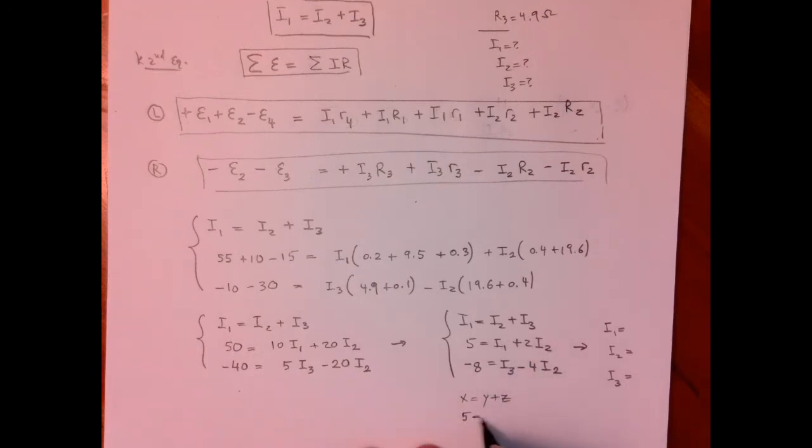Then I typed the second equation as x plus 2y, and I typed in the third equation as negative 8 is equal to z minus 4y.